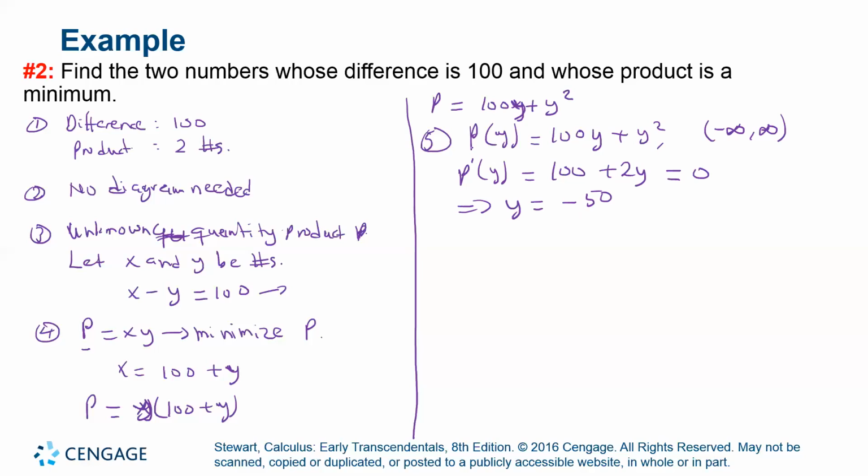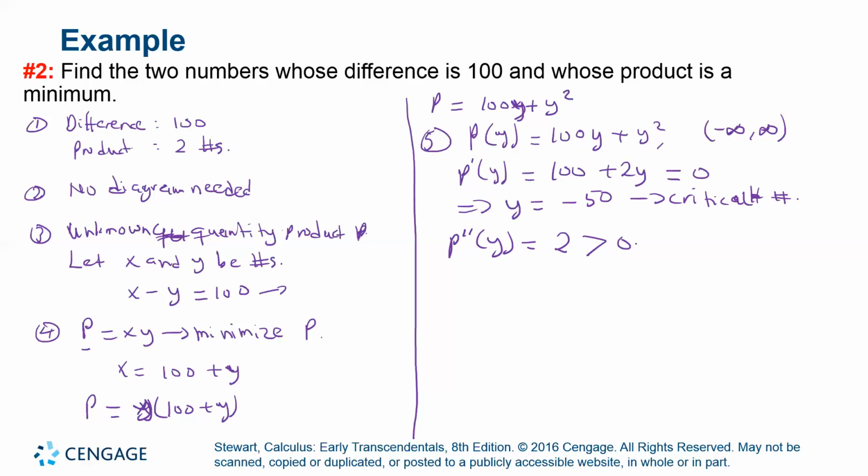The product P is minimized at this value of Y. Now this is where we have to use the second derivative test that we talked about. So let's find P double prime of Y, and this is going to be 2. This is positive. This is your critical number. Don't forget. That's a critical number right there.